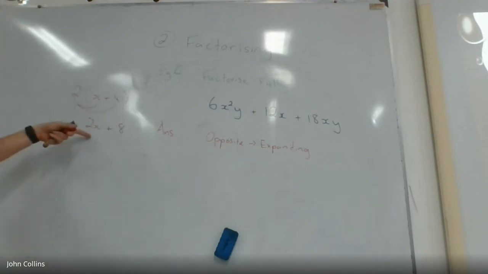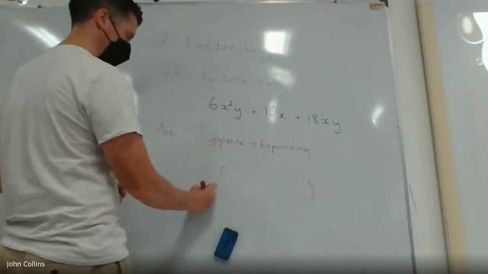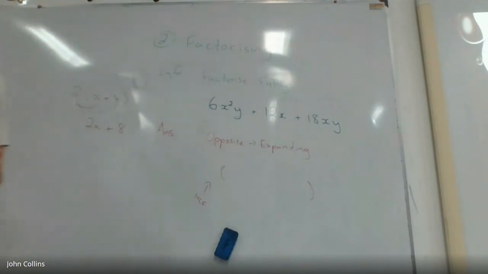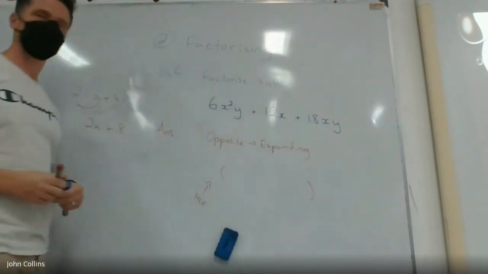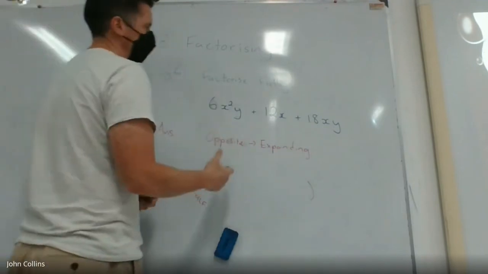Now factorizing is working back to getting the bracket. So I need a bracket in my answer, and outside the bracket goes the highest common factor. What is the highest common factor of these 3 together? Maximum, what do you think it is? 6x. You think it's 6x? Yes. Okay, let's go through the process.